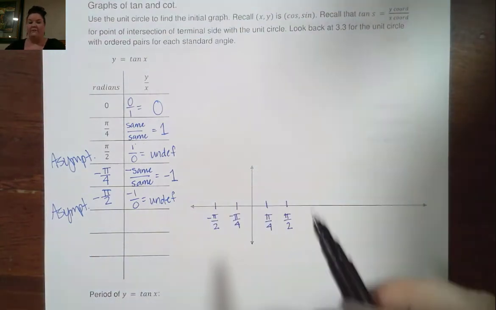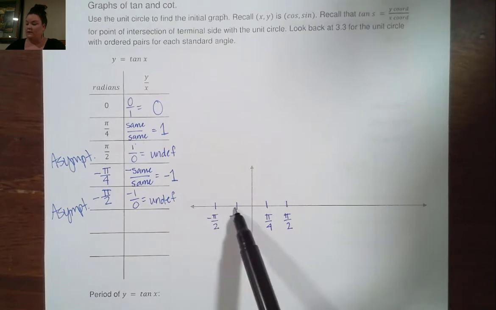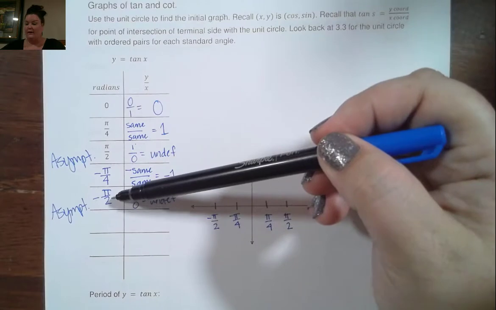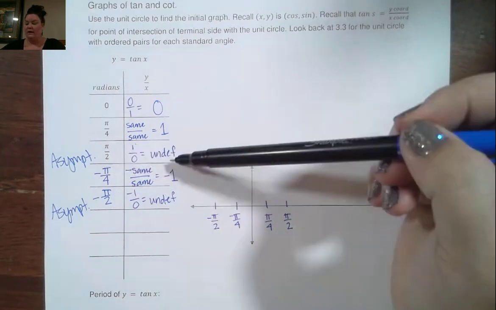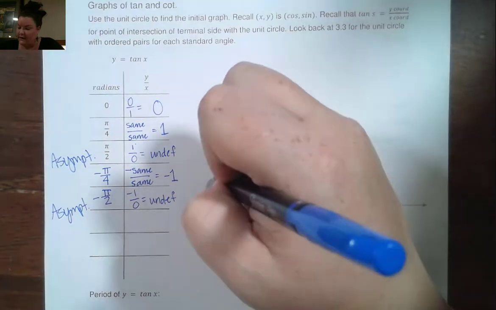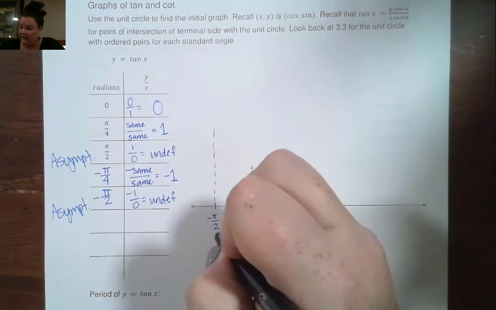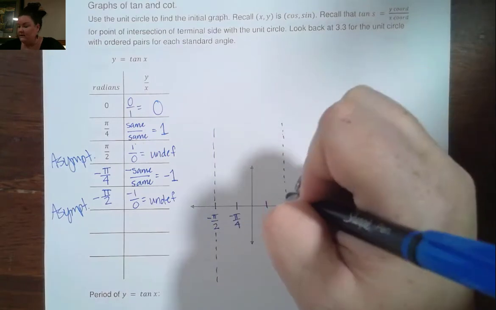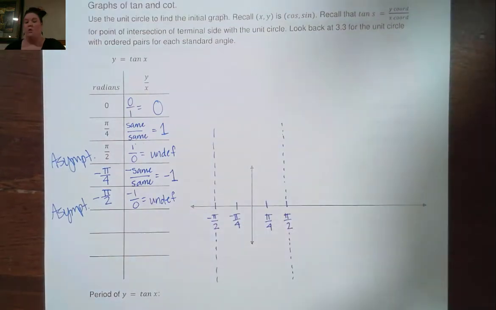So here's our 5 values, 1, 2, 3, 4, 5. And we know at negative pi over 2 and positive pi over 2, we have undefined values, which means we have asymptotes. So I'm going to go ahead and just draw in dotted lines. Asymptotes are lines that we cannot touch or cross.